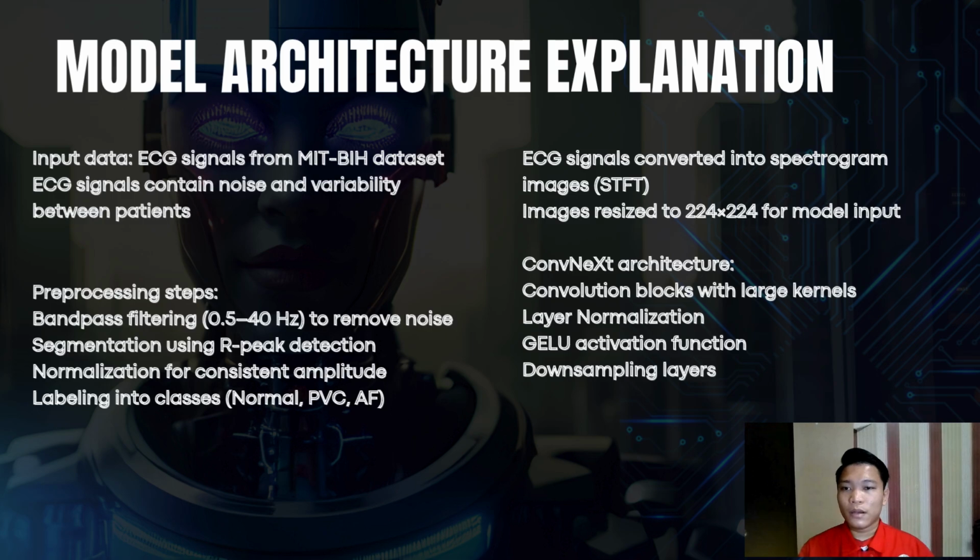Then, to prepare the data, I apply bandpass filtering between 0.5 and 40 Hz to remove the noise, segment the signal using R-peak detection, normalize the amplitude for consistency, and label them into classes such as normal, PVC, and AF. Finally, the ECG signals are converted into spectrogram images using STFT and resized to 224 by 224 pixels for ConvNeXt input.